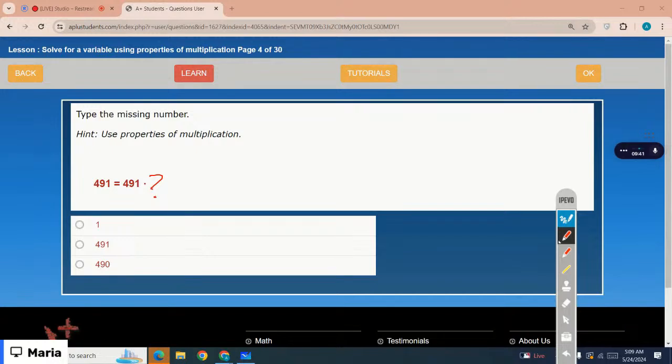That is 1. Whatever the number is, when you multiply it by 1, you have exactly the same number. Yes, the missing number is 1.